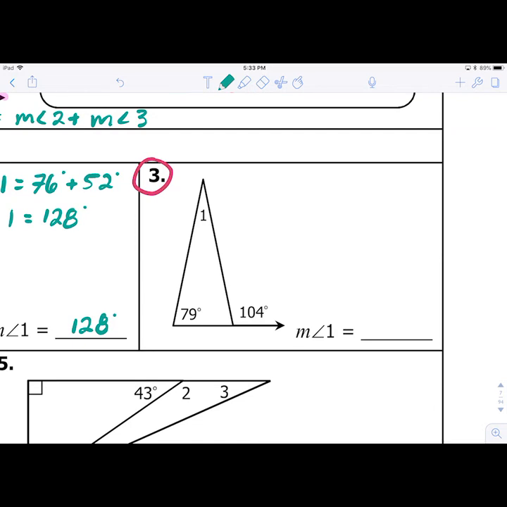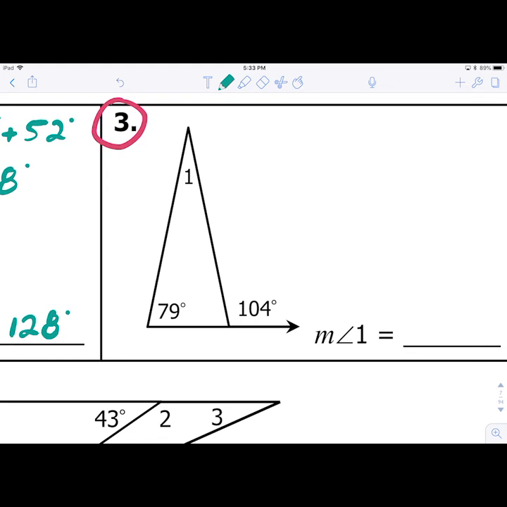Now what about number 3? This is another exterior angle theorem problem, but in this case it's one of the non-adjacent angles that we don't know. We know the exterior angle and one of the non-adjacents. If we add the two non-adjacents together, the measure of angle 1 plus 79 degrees, we're going to get that exterior angle, 104 degrees.